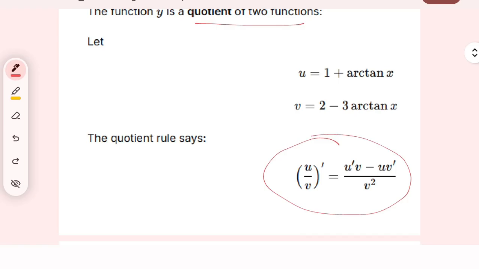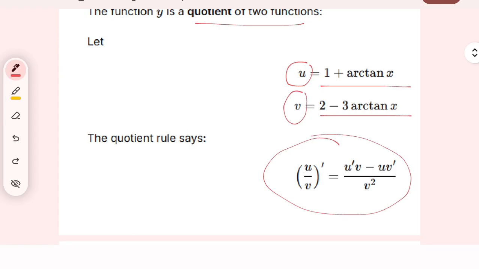If you haven't watched it, in our previous videos we had problems discussing the quotient rule and the steps that we need to take when we solve problems using it. In the quotient rule, we need to have a u and a v. We let the first function be u, and the second function be v.